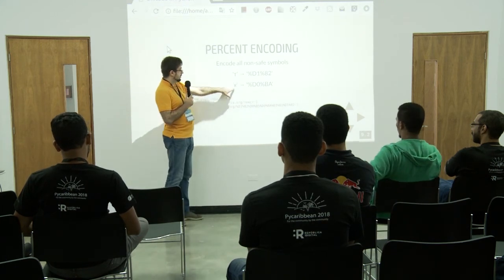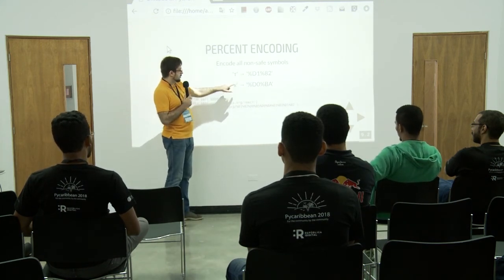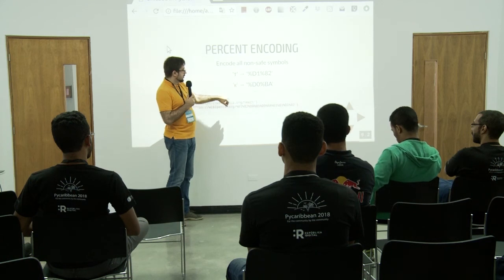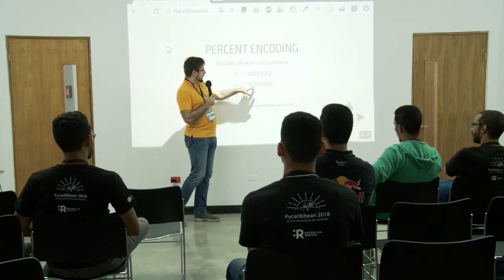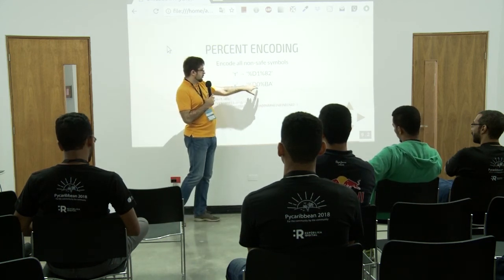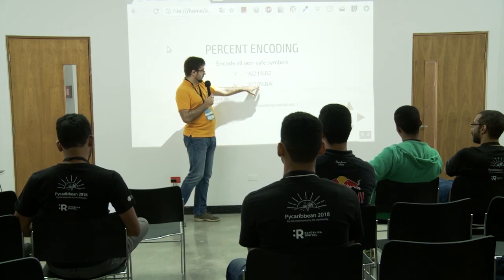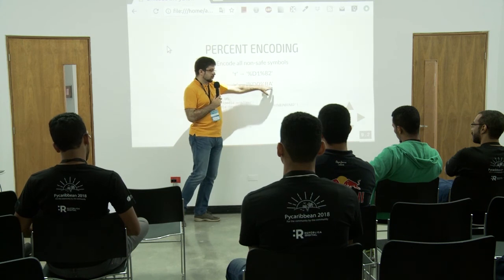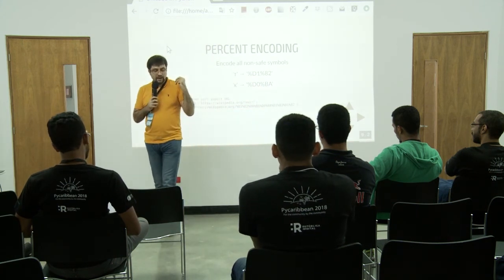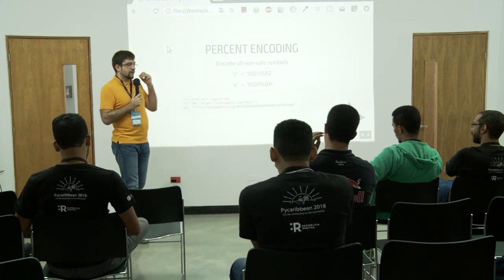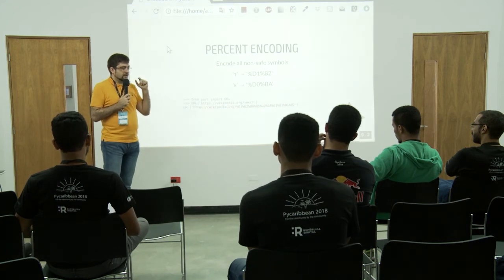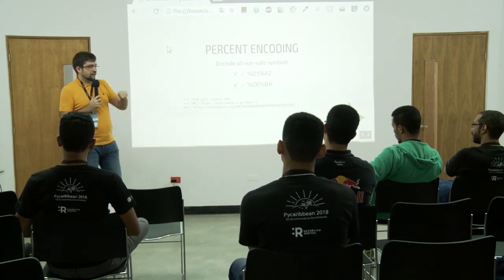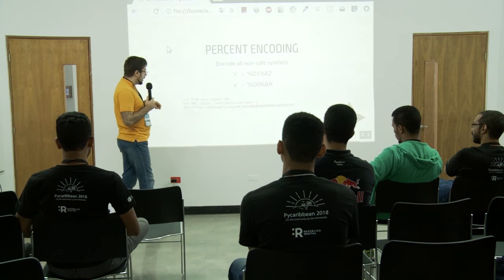But symbols, this is a Russian symbol, for example, are encoded as percent followed by two hex digits and the next percent and two digits. Actually, it's UTF-8 encoded in 2 bytes for this Russian text.